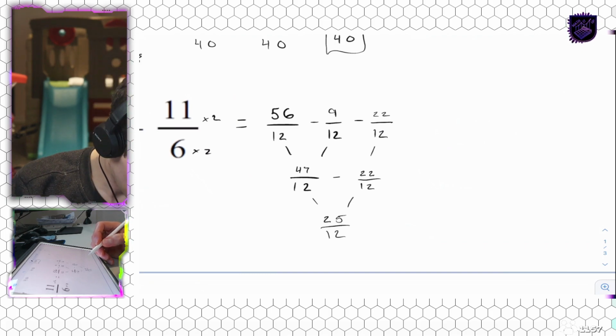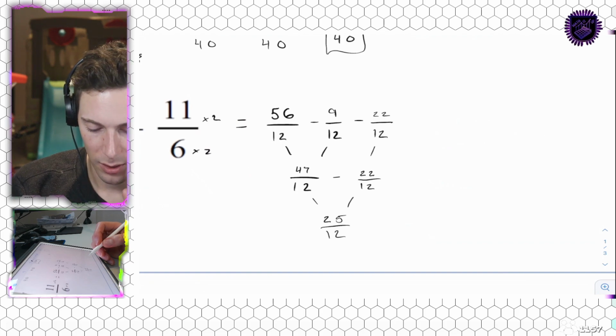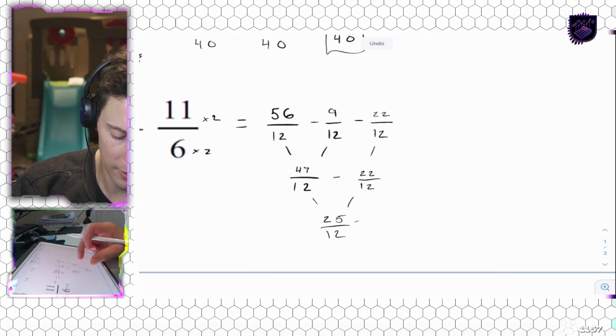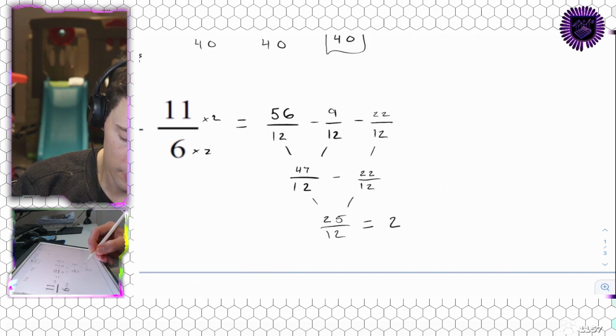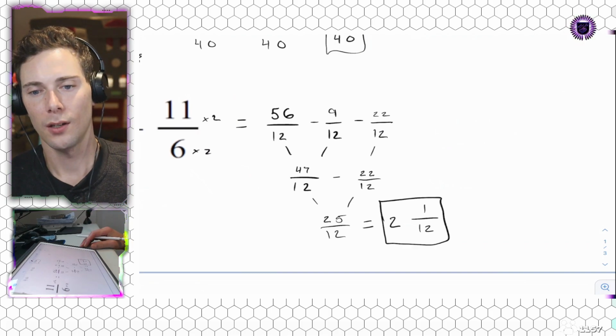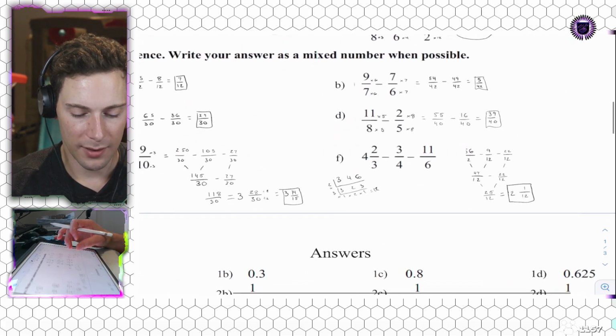Now there's no greatest common factor in there, but we can simplify this by just pulling out the groups of 12. There's two groups of 12 and one remaining, so 2 and 1 twelfth. And that's it.